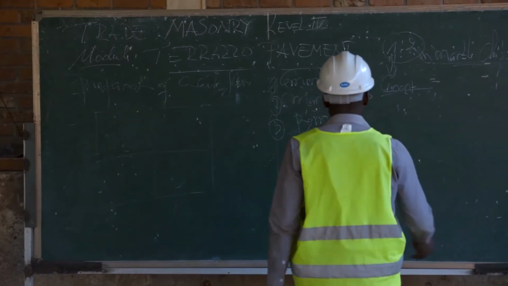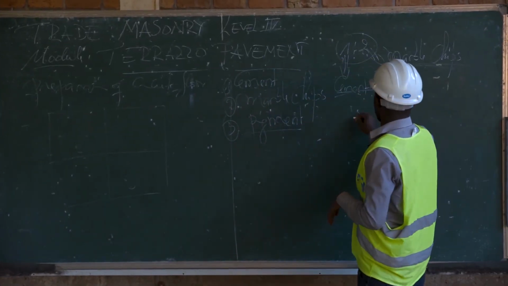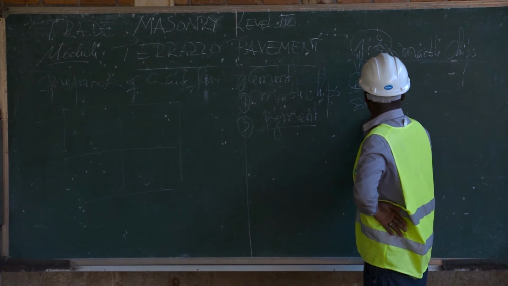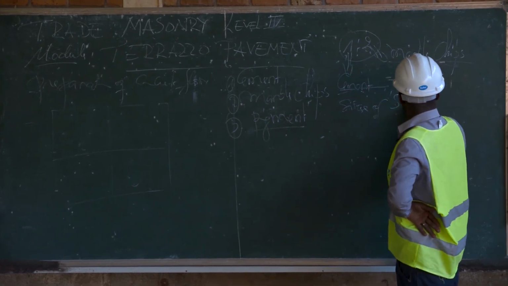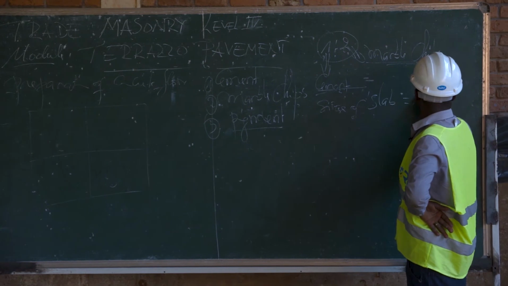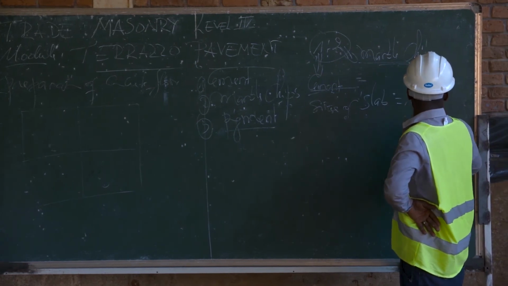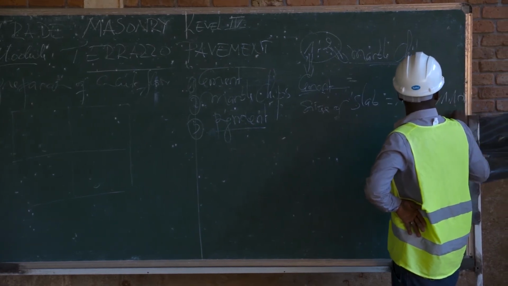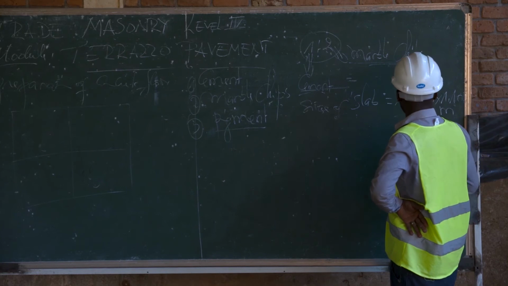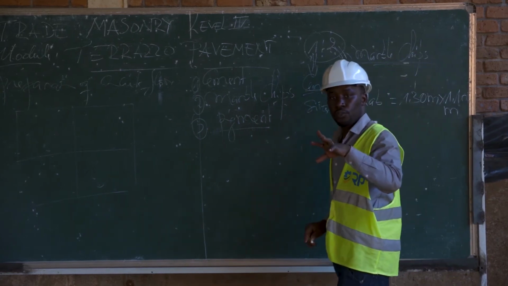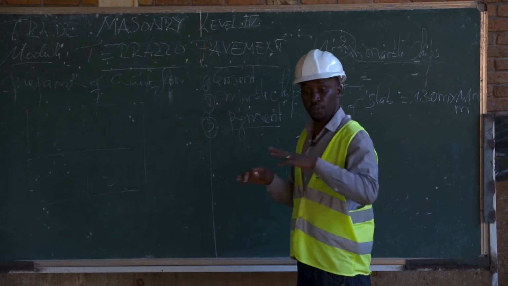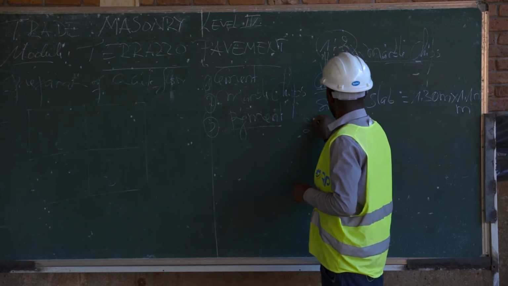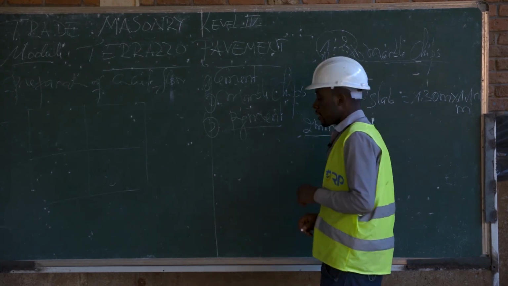So we have the size of slab, which is equal to 1 meter 30 times 1.10 meter. Then the thickness of terrazzo pavement or terrazzo flooring that we're going to pour is 2 centimeter. Why is it 2 centimeter?